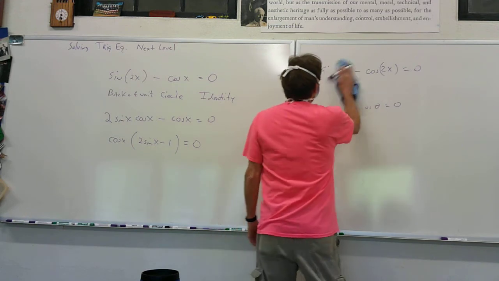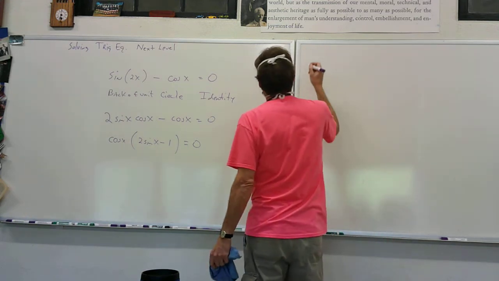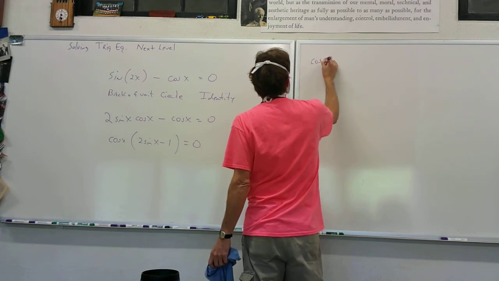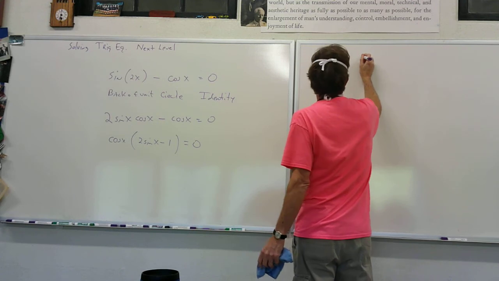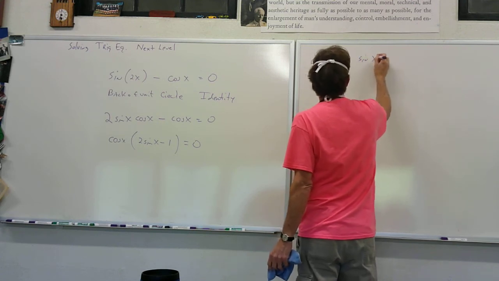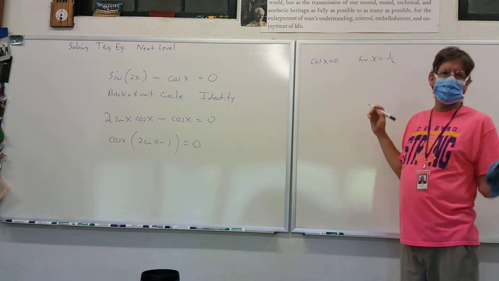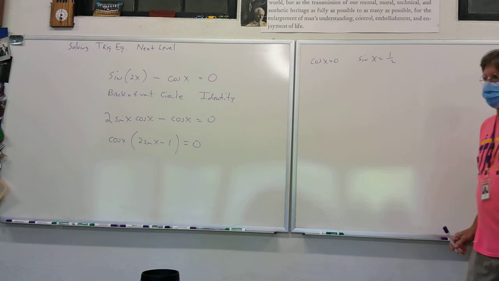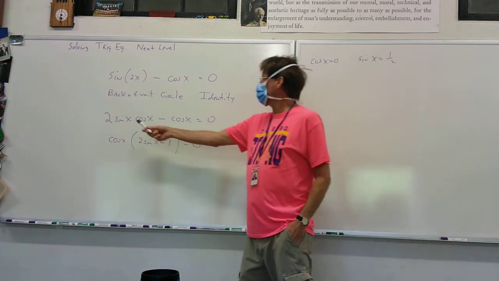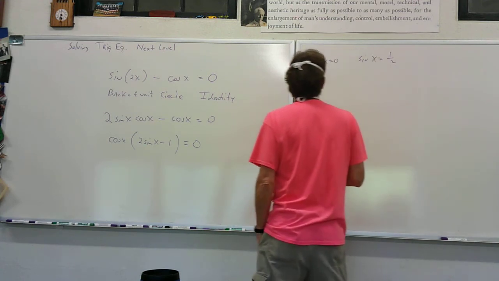So you get cosine x equals 0, and sine x equals 1/2. And since this is just plain old x here, you don't have to worry about going around the circle multiple times. That's the other good news about this: once you got it down to working with just this, by using that trig identity, you don't have to go around multiple times.